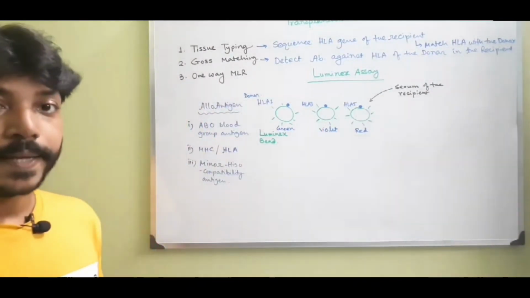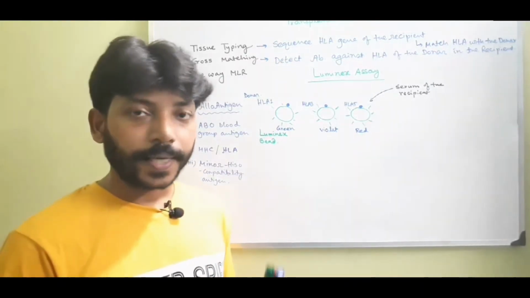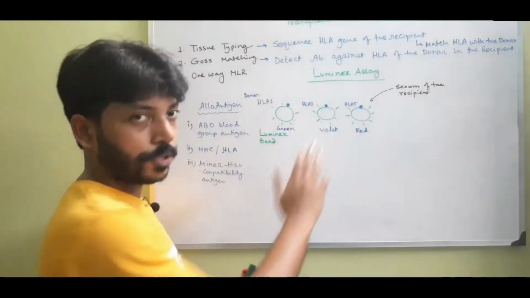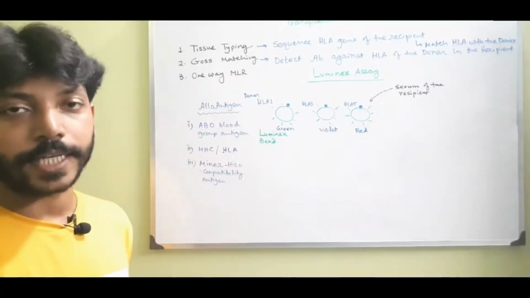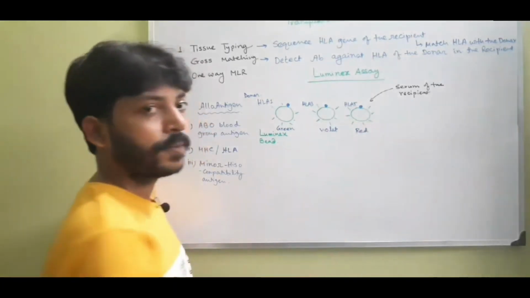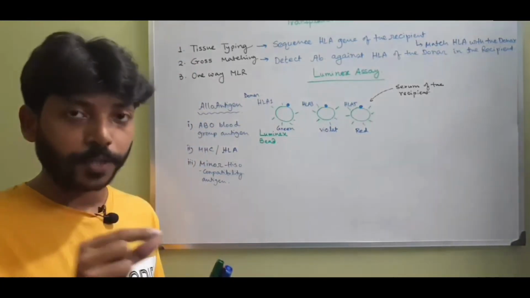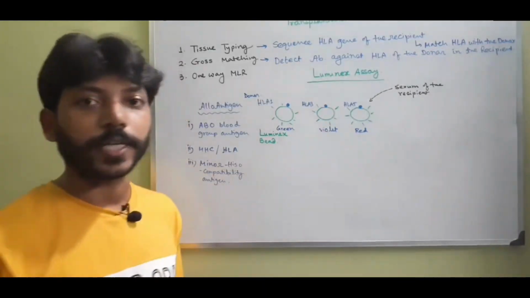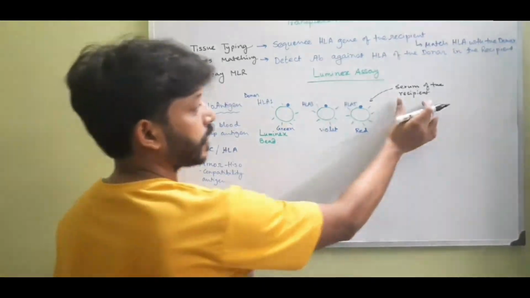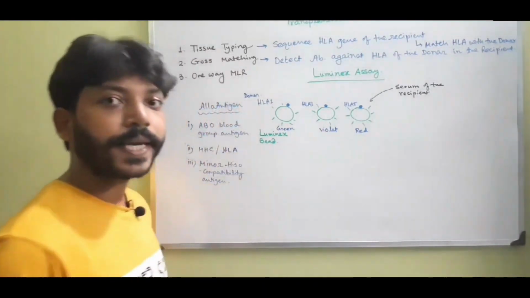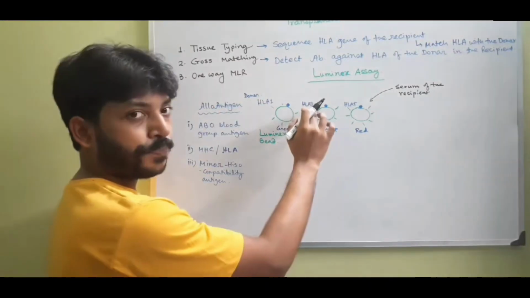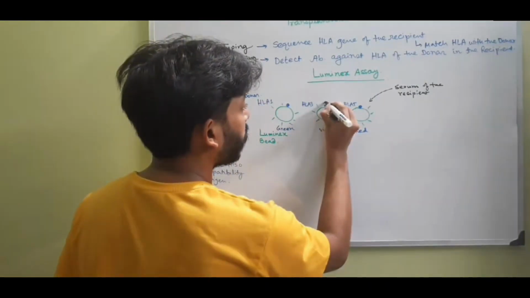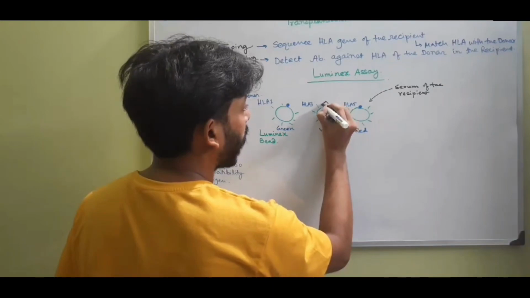Suppose there is any antibody against any of these HLA antigens present in the recipient, then the antibody will bind with this HLA. Suppose this recipient has antibody against HLA3 antigen, then it will bind with this antigen.